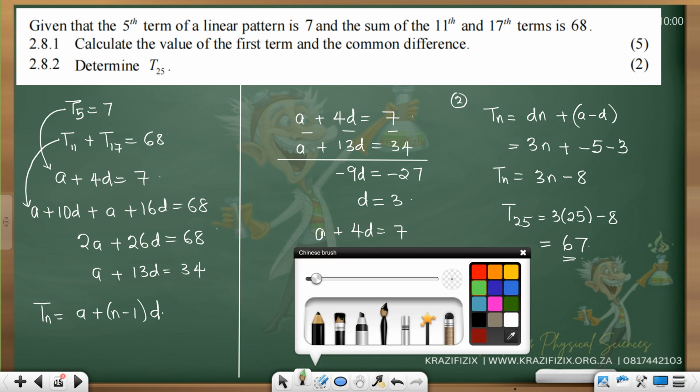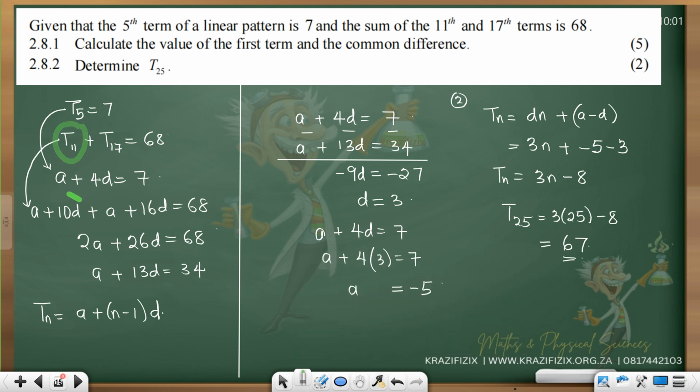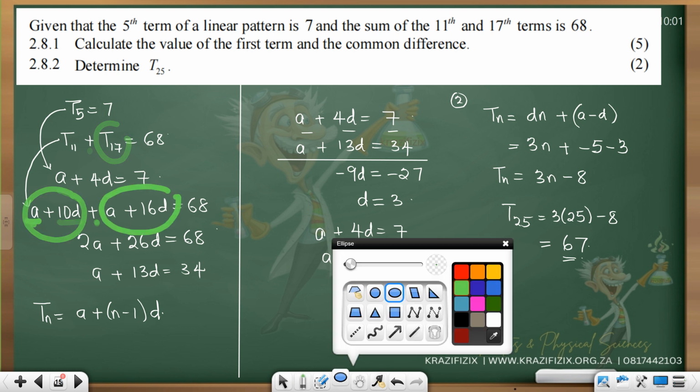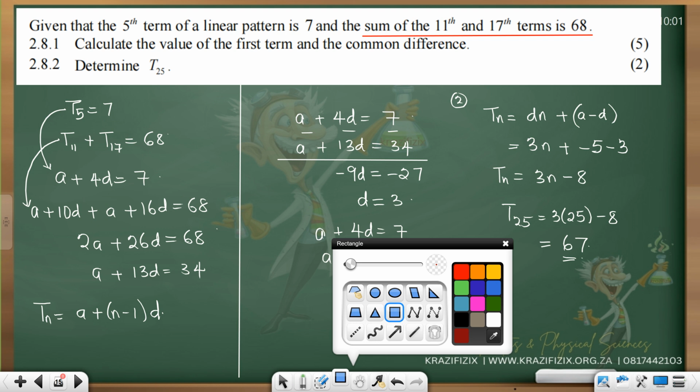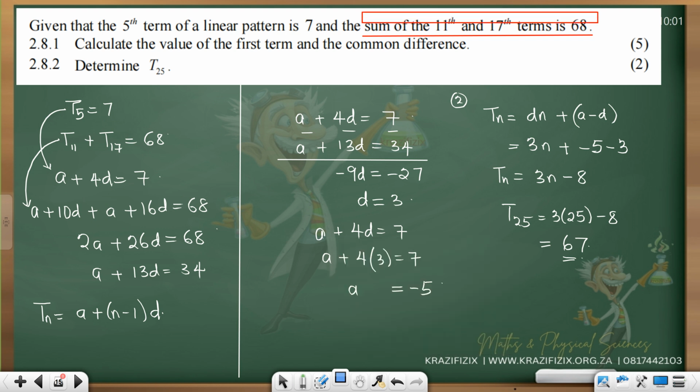Okay, and then, are you okay with the next step now? T11, we add 10 differences to the first term, A plus 10D, plus T17, A plus 16D. Why are we saying plus? Go back to the question.